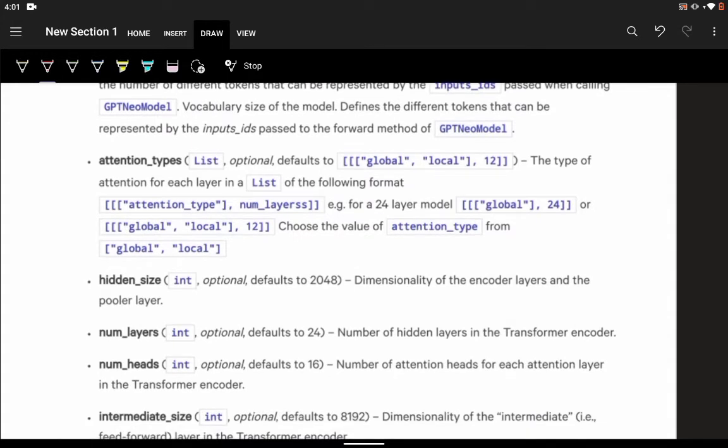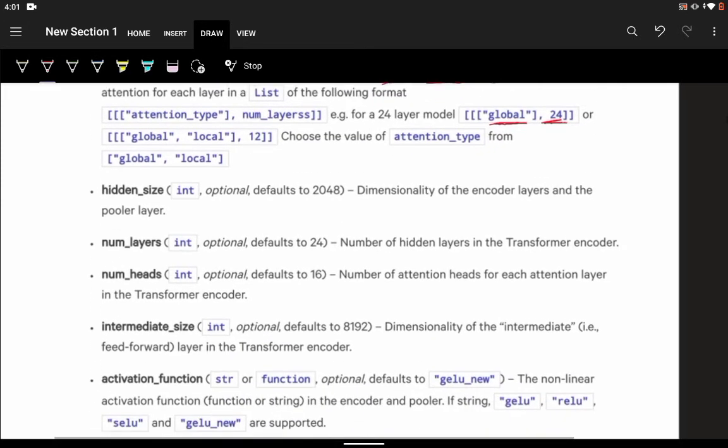Attention types again, it could be global or local, right? Here you pass the number of layers basically. So for a 24 layer model, it will be global, 24. That is what this parameter over here is.